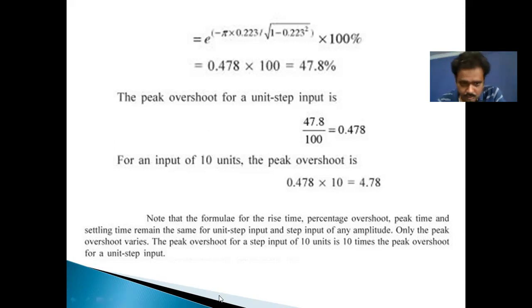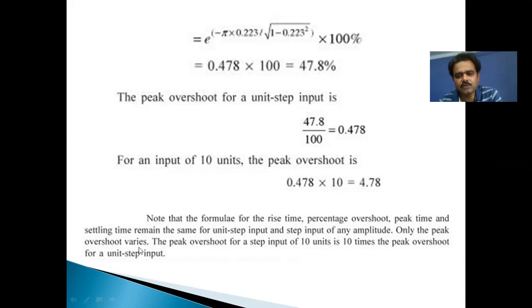Here is a note: rise time, peak time, percentage overshoot and settling time remain the same for a step input of any amplitude. If we calculate the formulas for different amplitudes, you will get the same value, but only the peak value varies.